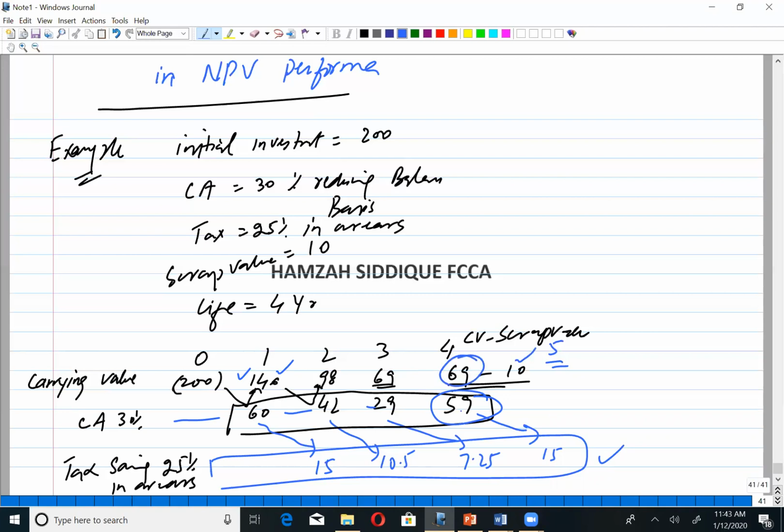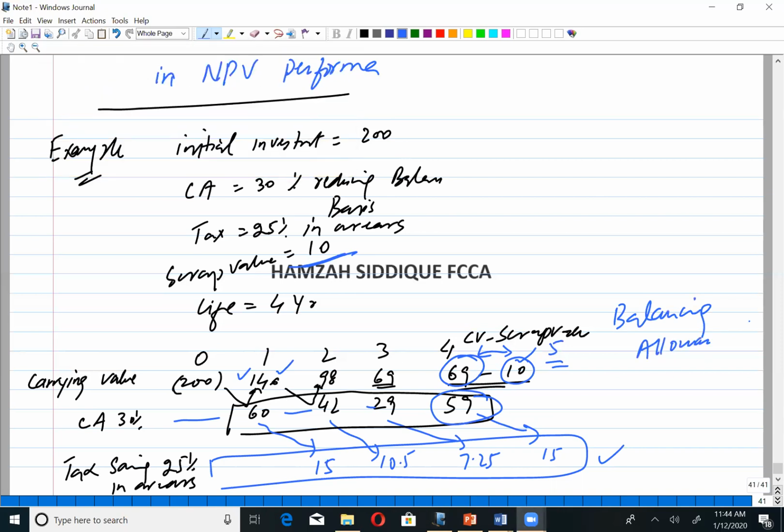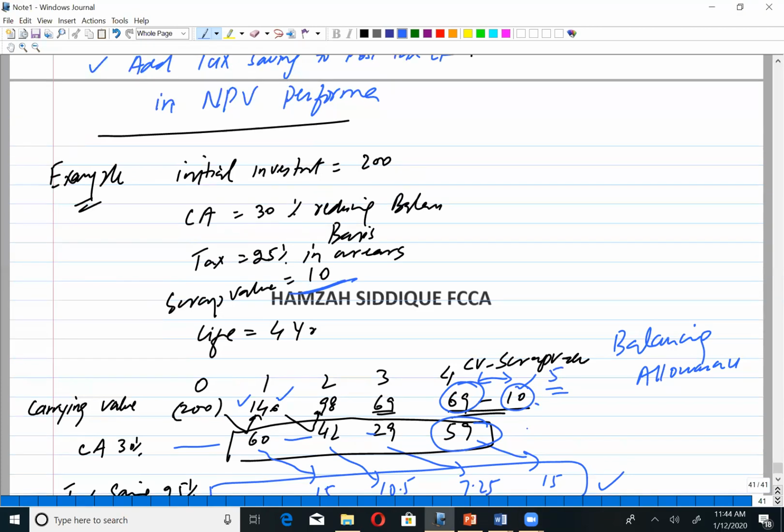We had to calculate 30%, but after year 4, there is no project life. So of the 69 carrying value, we will get 10 as scrap value by selling it. The difference is the loss. This is called balancing allowance. That has to be charged over here fully.